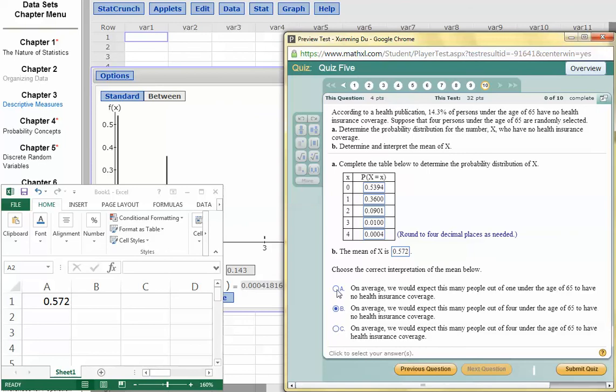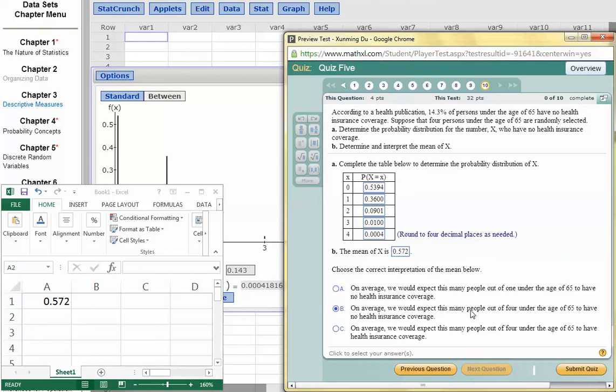And it's also not A, because it says on average we would expect this many people out of 1. That's not correct, even though here is a decimal, because we chose 4 persons under the age of 65 with no health insurance coverage.